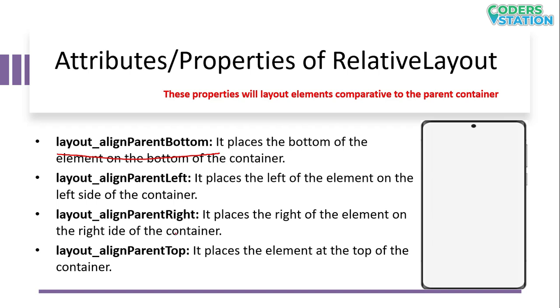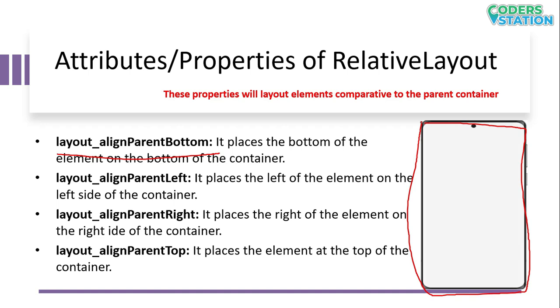The first property is layout_alignParentBottom. By using this property, we can place whatever element or view we want in a container. This is the container, which is the complete screen that we have. Suppose we want to place a button on this screen.